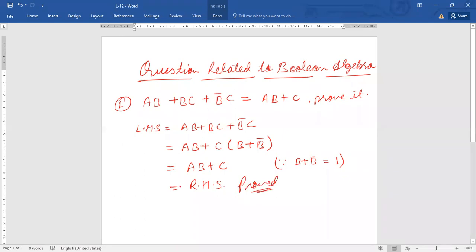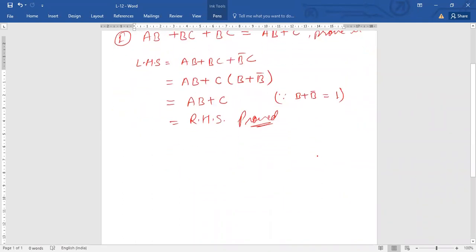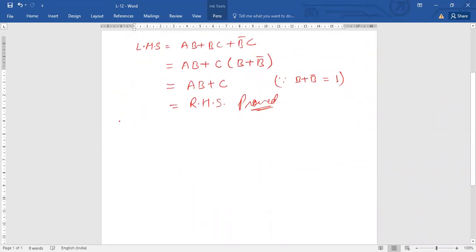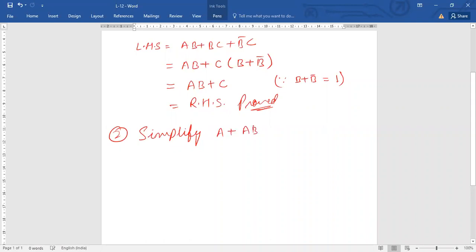So this is a very simple question. Okay, the next question. Question number 2: you have to simplify a plus ab bar plus a bar b.